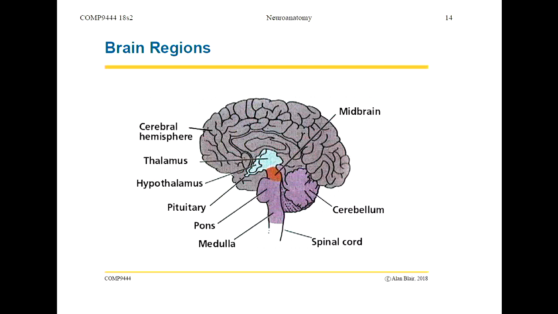these parts in purple here, the spinal cord and the cerebellum and the brain stem, are sometimes referred to as the reptilian brain because they're very, very ancient. So these structures here have hardly changed over periods of millions of years.